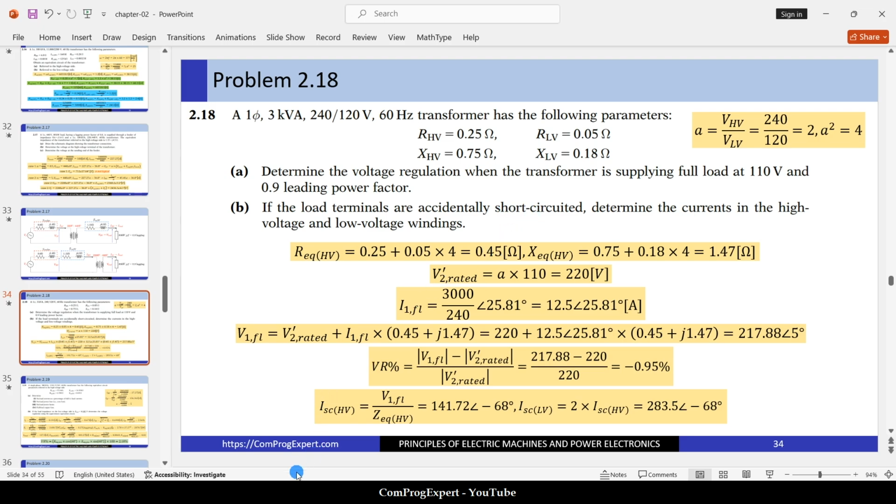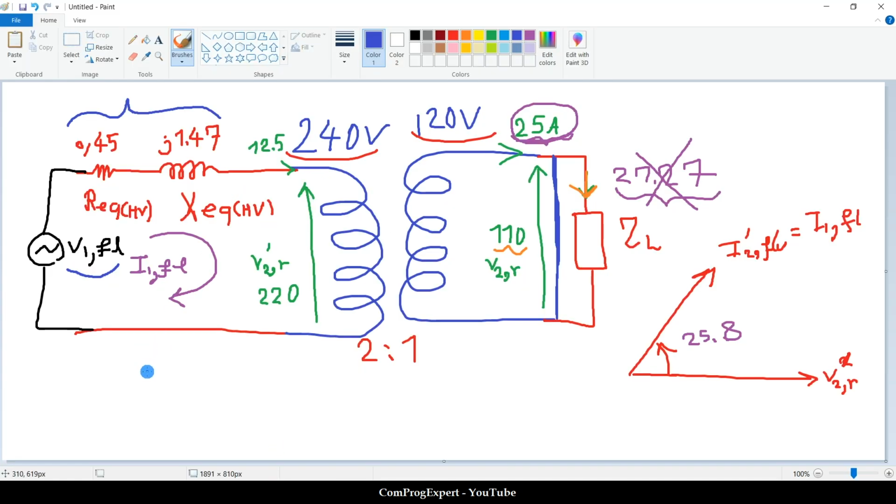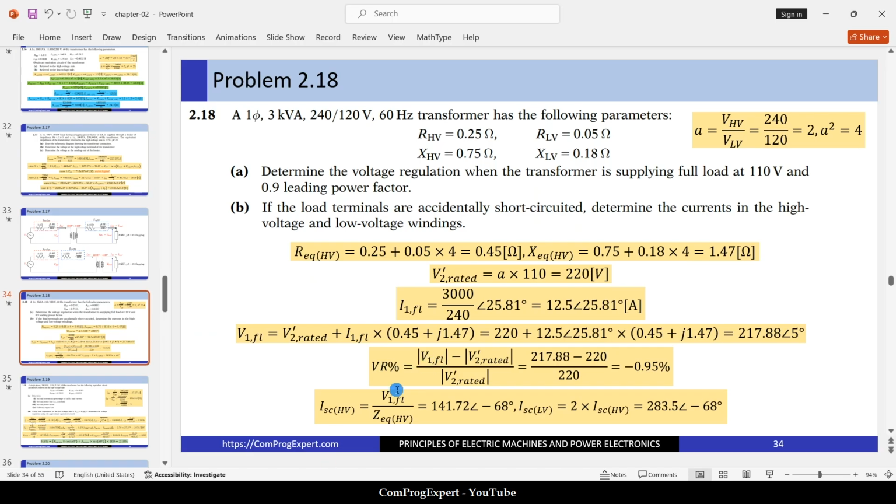So how much is the value of the current? Simply, we can write this, the V1 full load divided by the equivalent impedance. Yes, for the high voltage side. This is the value of the current for the high voltage side.